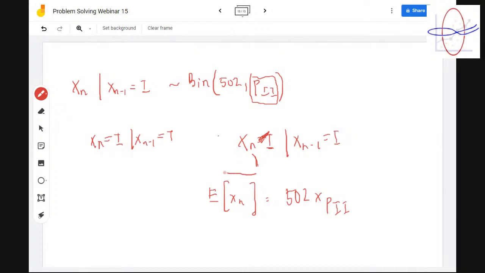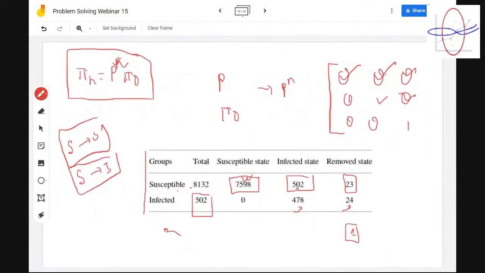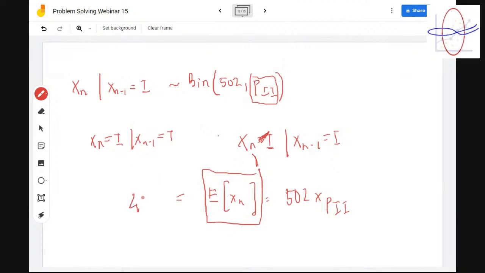And the best approximation to this is the number of cases we have got, that is 478. We will understand in statistical inference why this is the best approximation. So PII is therefore 478 by 502, a good estimate of PII.